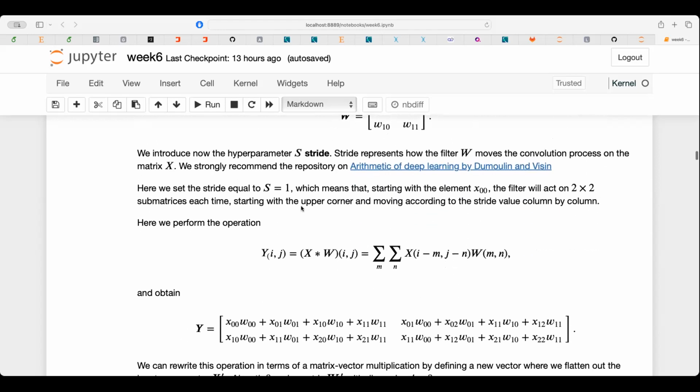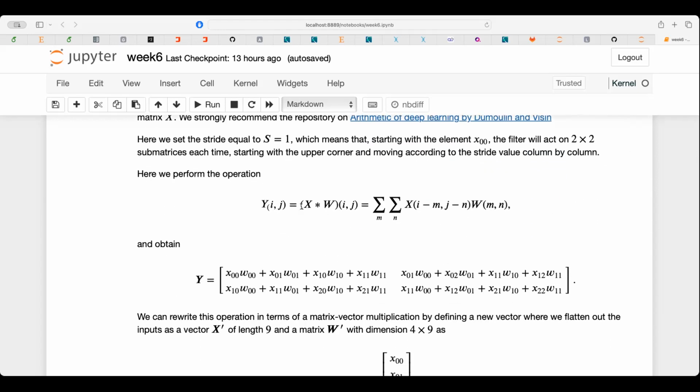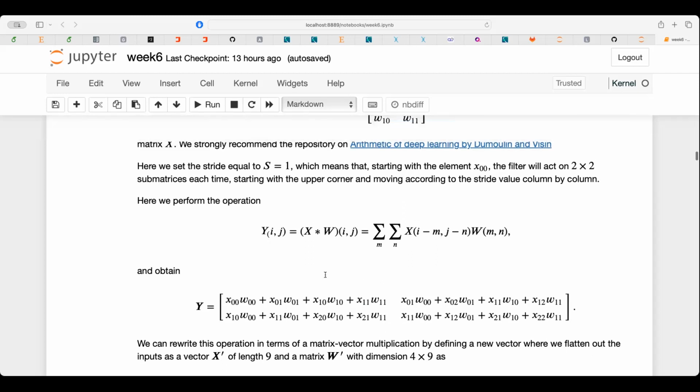If you now look at your convolved result, you will see that x00 appears only in this first matrix element. However, x01 appears here, and it appears here. Similarly with x10, which is another one of these elements not on the corners of that matrix.